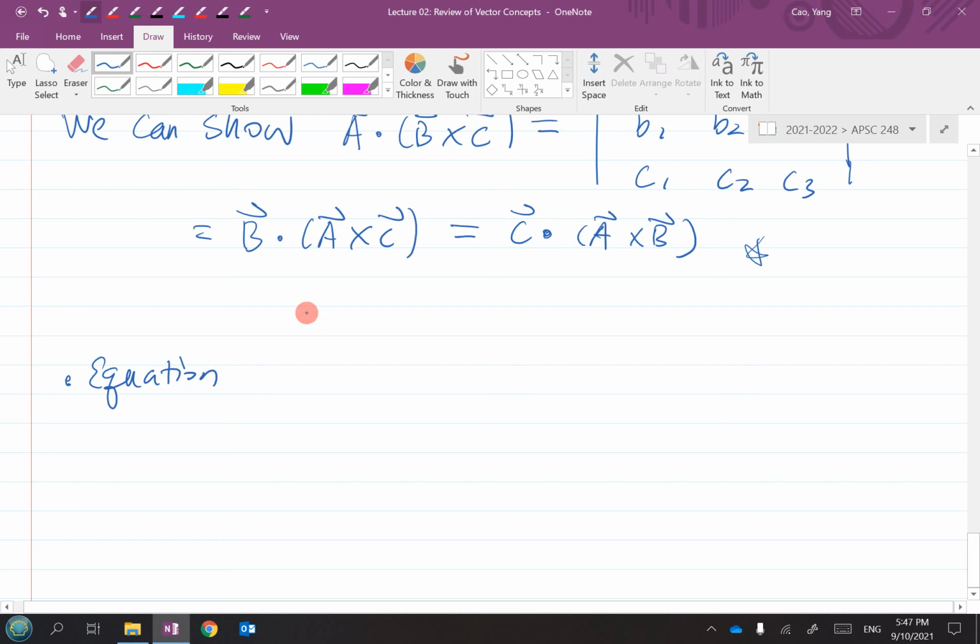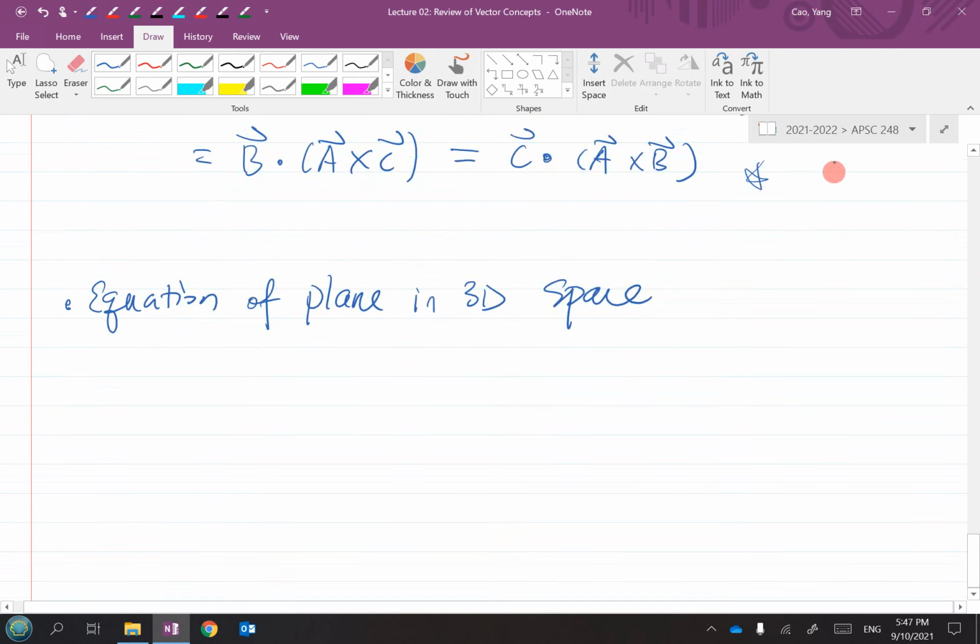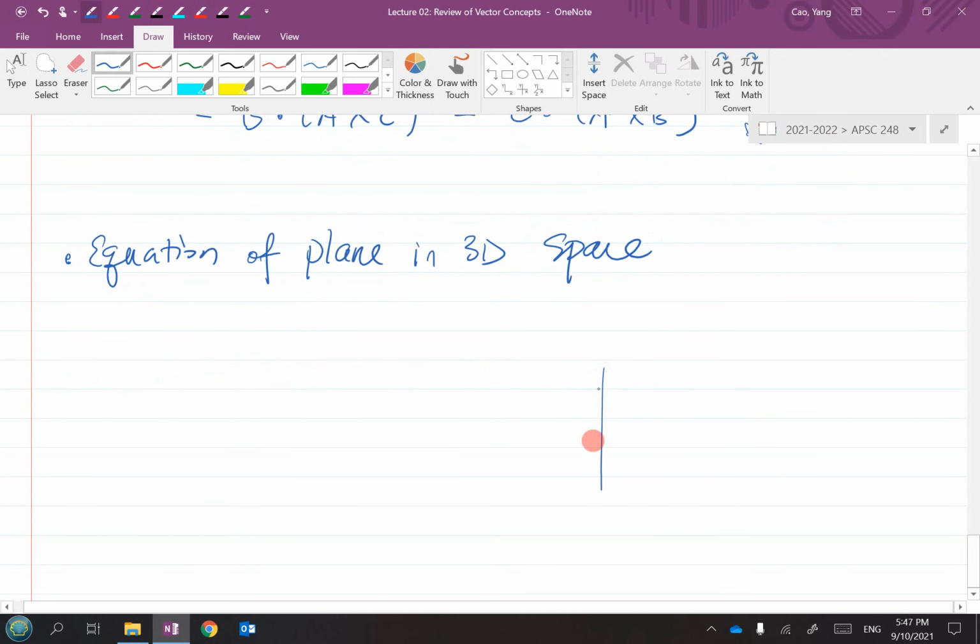The first content is the equation of a plane in 3D space. So I need an expression to represent any plane in 3D space, right? So let's start from something simple.